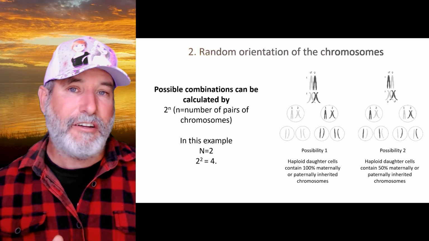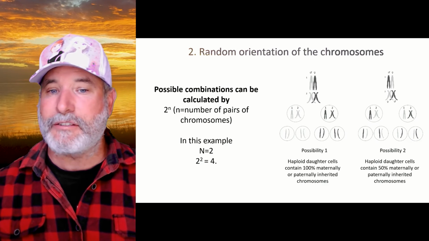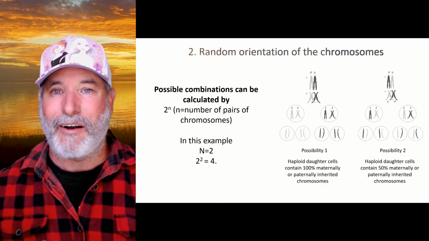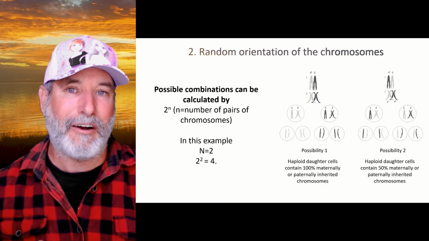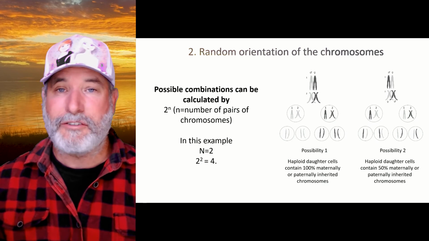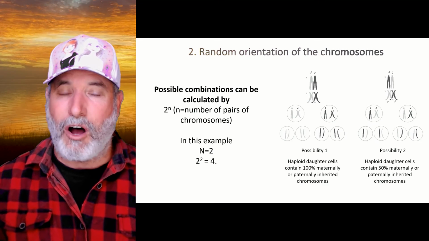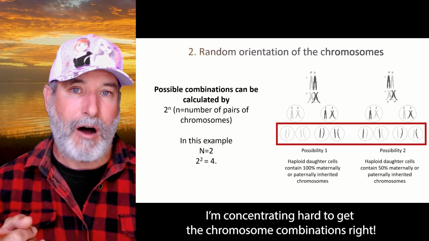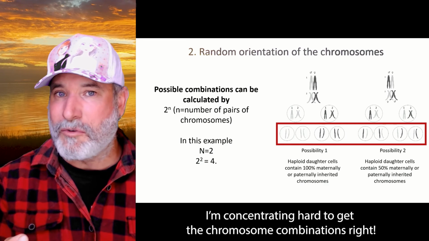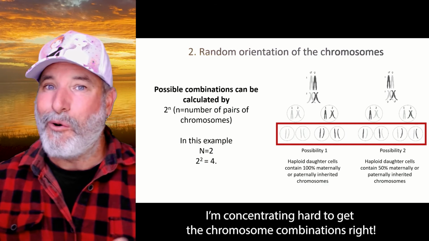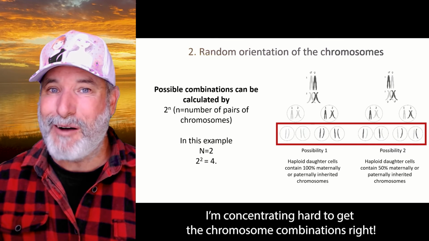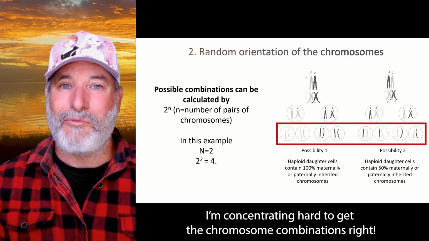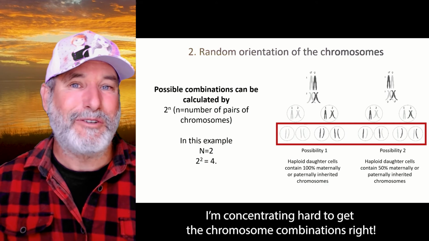So we can actually calculate the number of possible gametes. If N equals the number of chromosome pairs, in our last example we just had 2 pairs. Well, 2 to the 2nd power, 2 times 2, is 4. And we saw that it had 4 different combinations: chromosomes 1 and 2 from mom, or chromosomes 1 and 2 from dad, or chromosome 1 from mom and chromosome 2 from dad, or chromosome 1 from dad and chromosome 2 from mom.